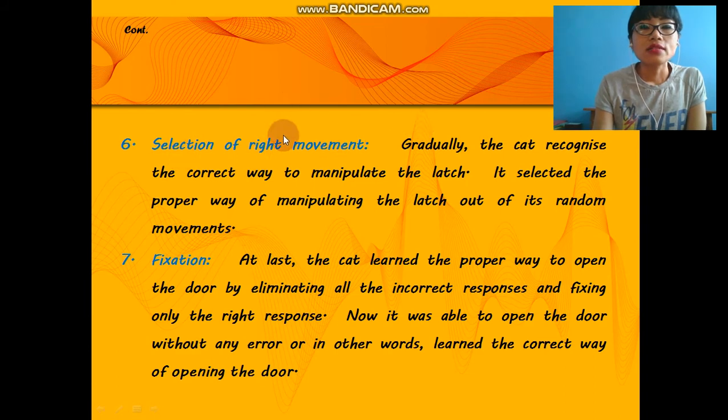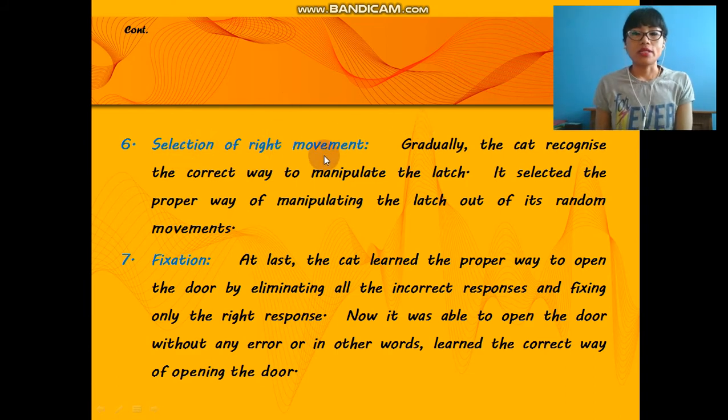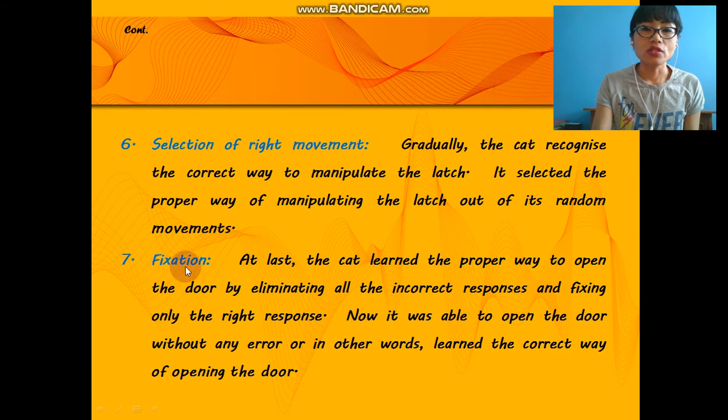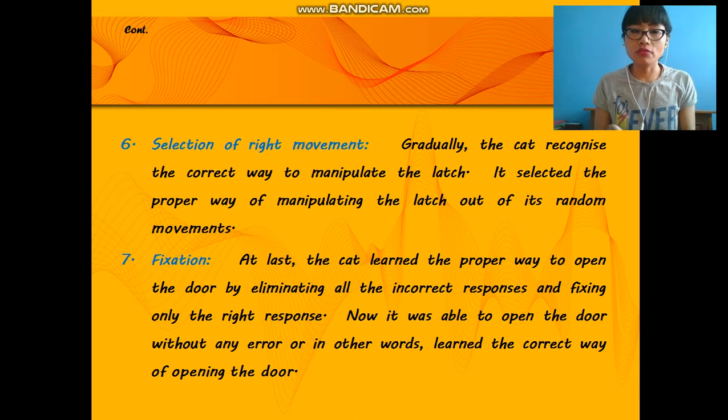Then after random movement and chance success, the organism will select the right movements. The organism will understand this is the right movement and I have to perform this whenever I have to come out of the box. Next is fixation. Fixation is after selecting the right movement, the movement which will lead the organism to the food, to the goal.